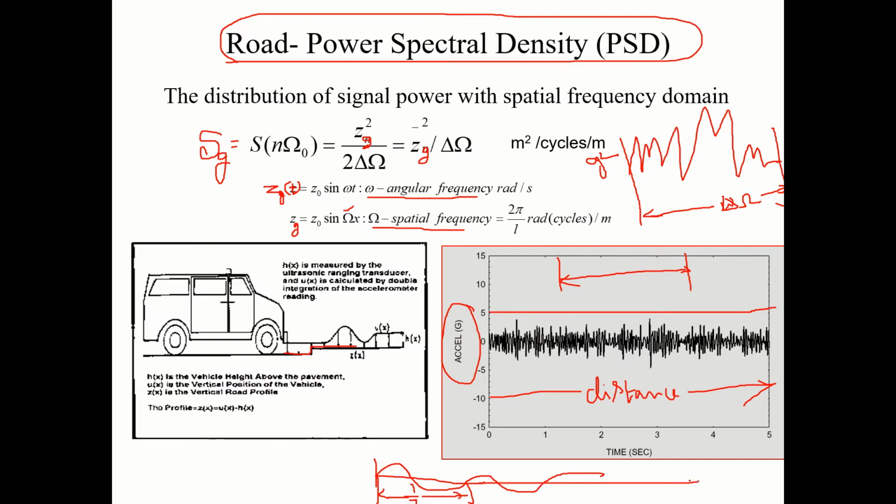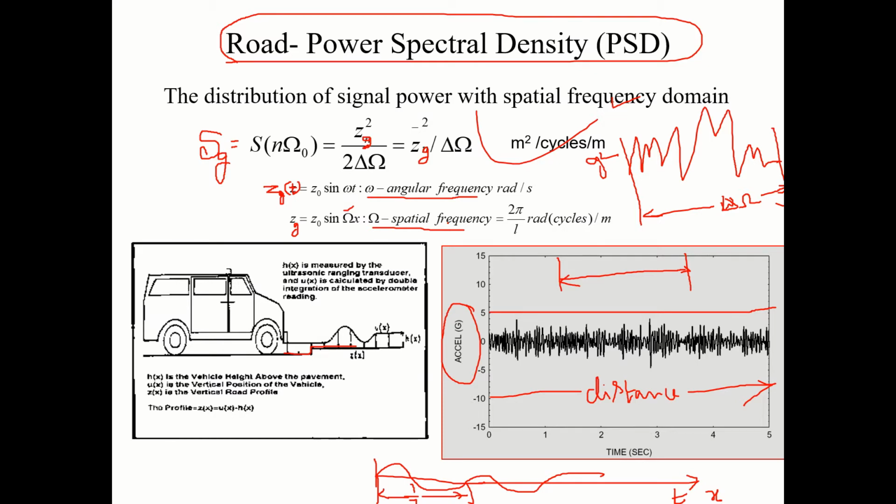So in this case, time is the x-axis. Instead of time, this is space, x. This can be written as 1 by L, that is, 2 pi by L. Then we call that a spatial frequency. For the ground I have written Z naught sin omega x.